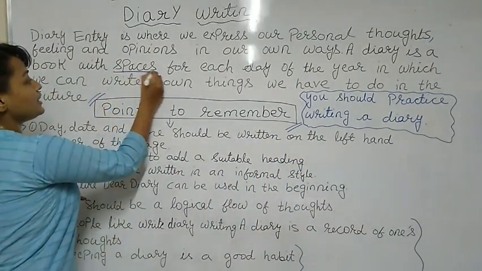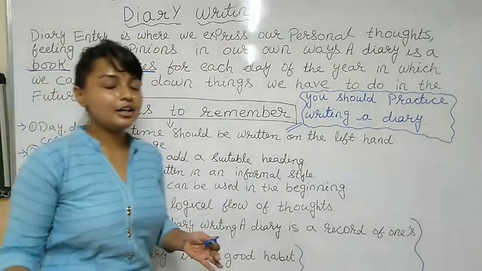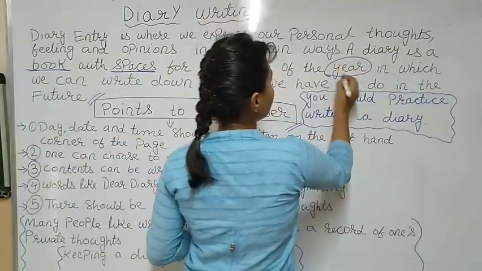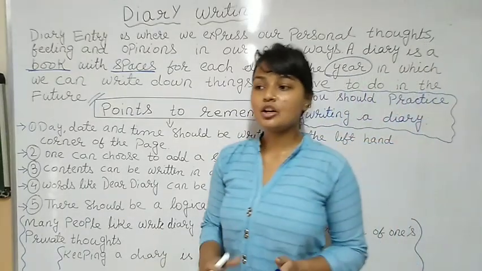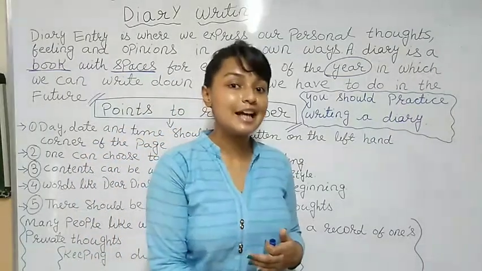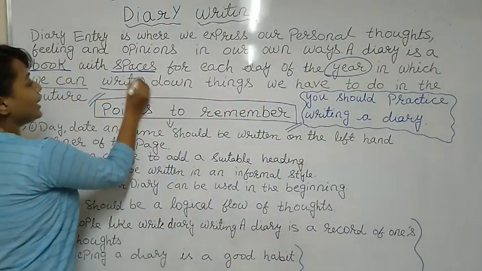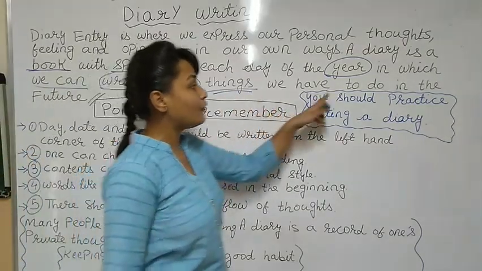These spaces of the book, means a diary is one type of book, right? So each day of the full year we have to write the diary. Because if you write the diary, your feelings will be expressed in the diary, right? So we should write down especially things we have to do.